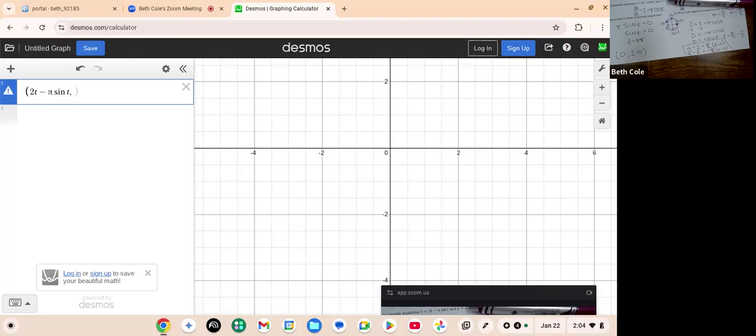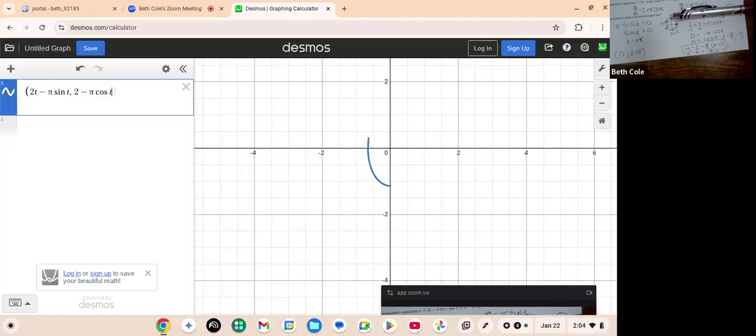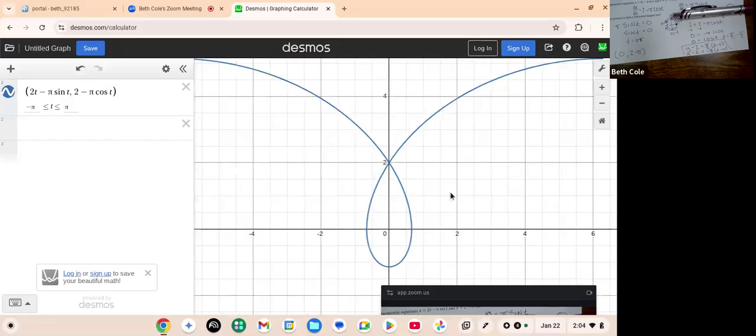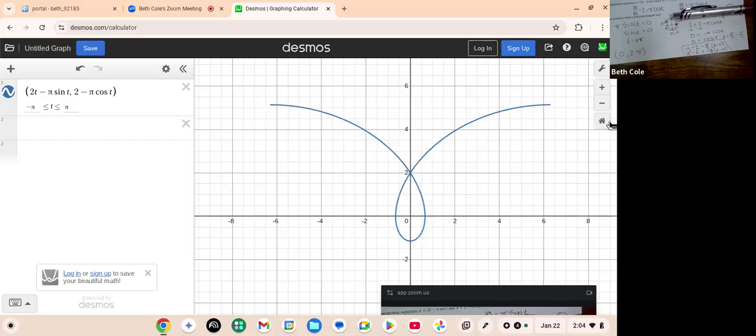Good, okay, comma, and then the other one is 2 minus pi cosine t. And then our interval is negative pi to positive pi. So it looks like this. Isn't that cool? Why does it stop? Yeah, our interval ran out.